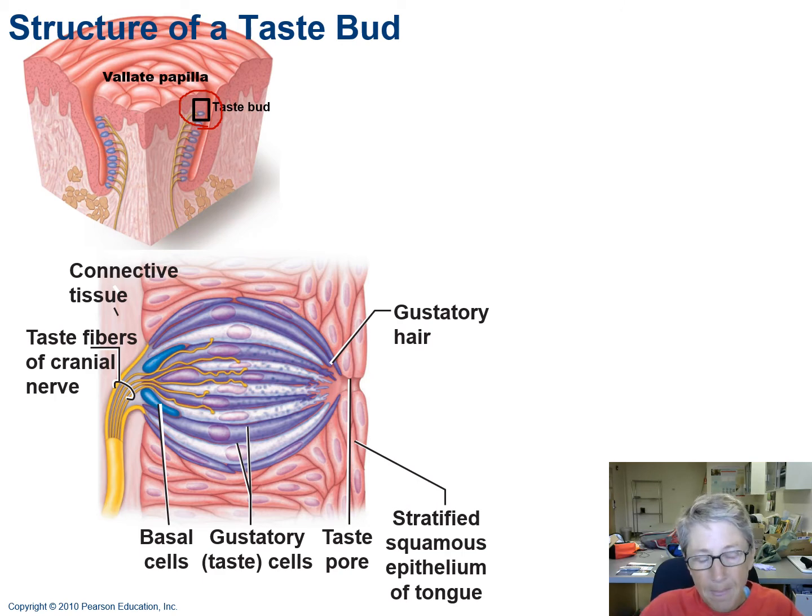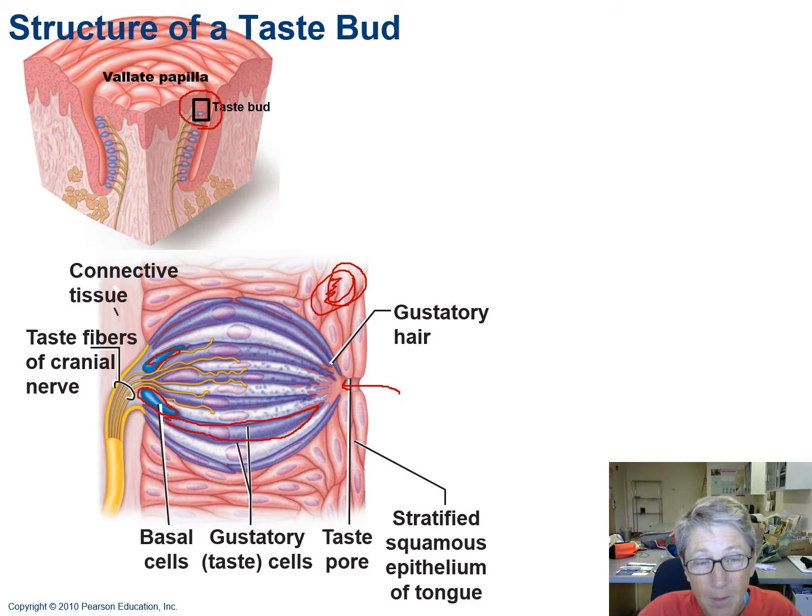Here's the epithelium, this is all epithelial cells. But if you go into this thing called a taste pore, you find a gustatory or taste cell. So this is a gustatory, aka taste cell. Then within the taste bud, there's also a basal cell. That's a stem cell. Here's another basal cell.